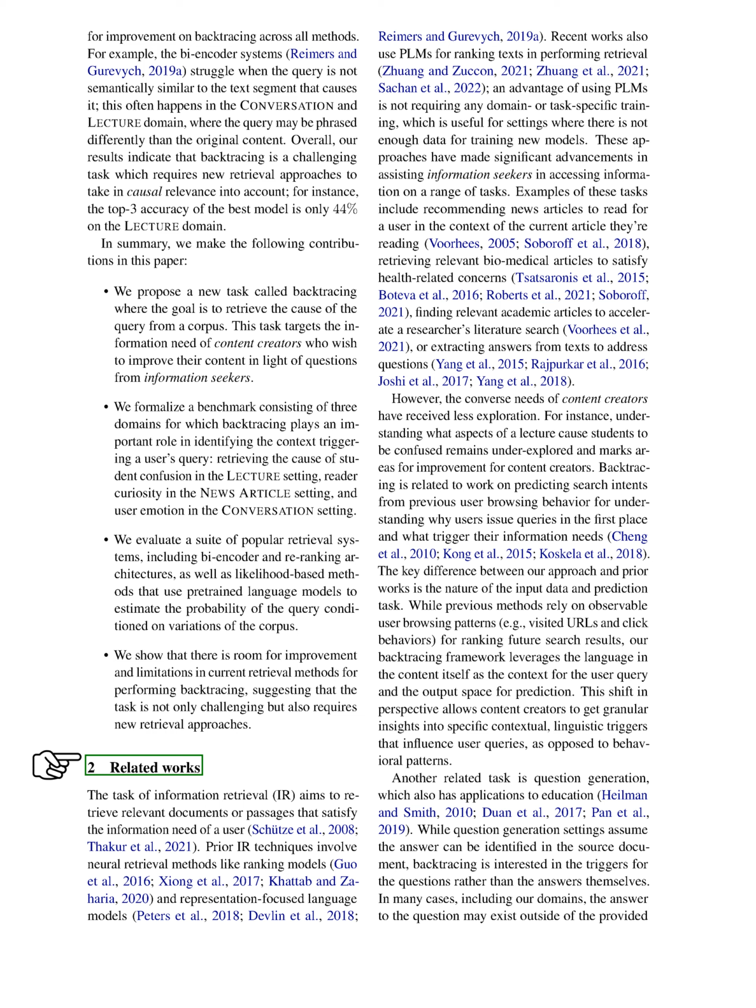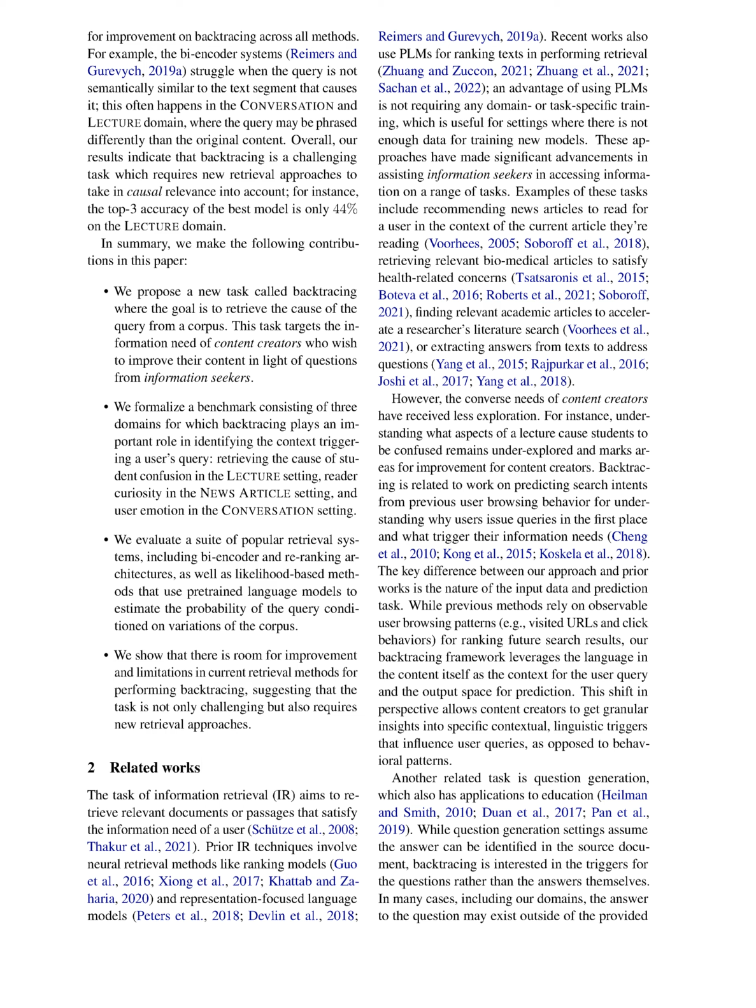Our backtracing task differs from previous approaches by focusing on the language in the content as the context for the user query, offering detailed insights into the linguistic triggers of user queries, unlike methods that rely on observable user behavior. This approach not only aids content creators but also opens new avenues for understanding and addressing user queries more effectively.